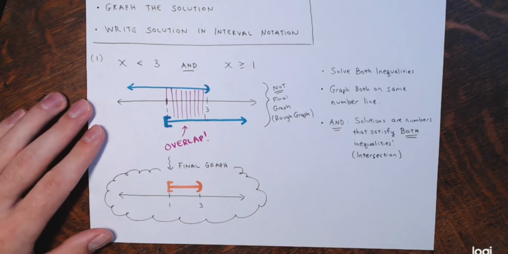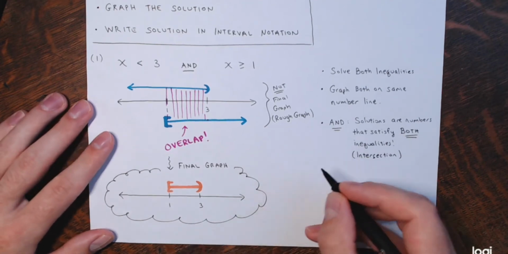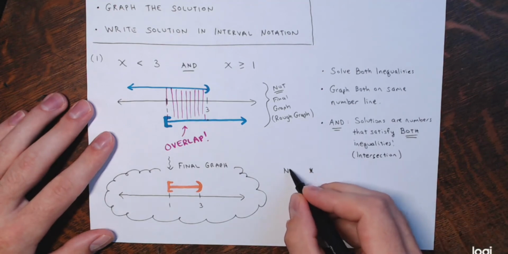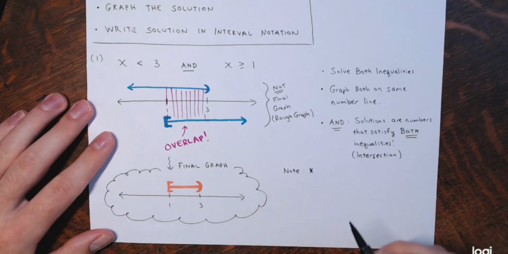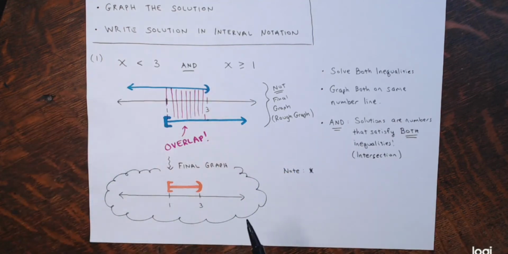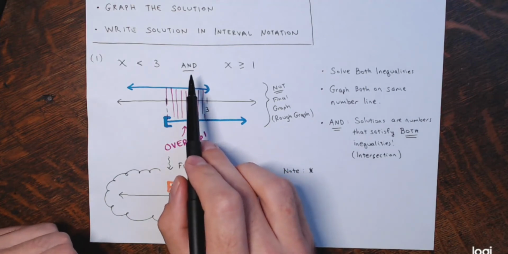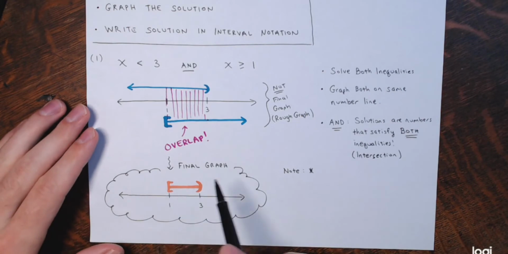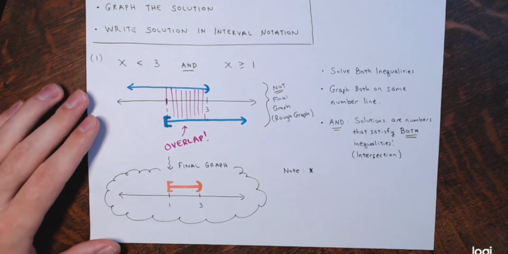Now notice one big note here. Sometimes you can take a compound inequality and write it with the word and, right, with the word and only. Sometimes you can write a single connected inequality with like 3 parts to it.